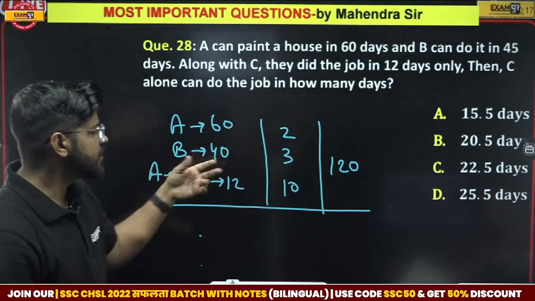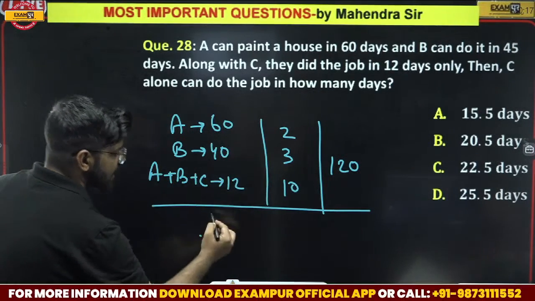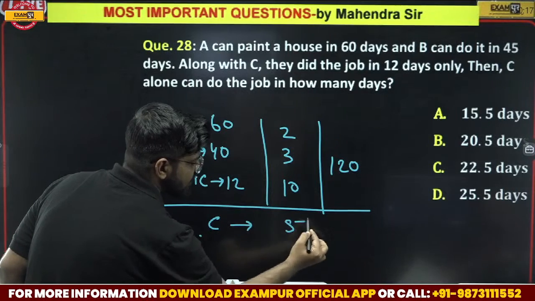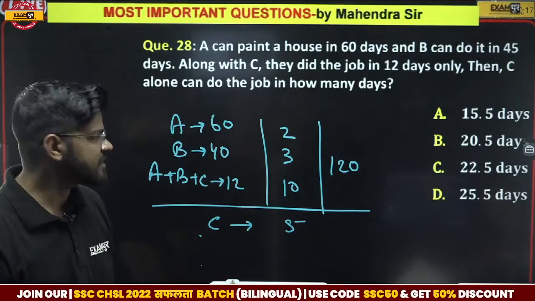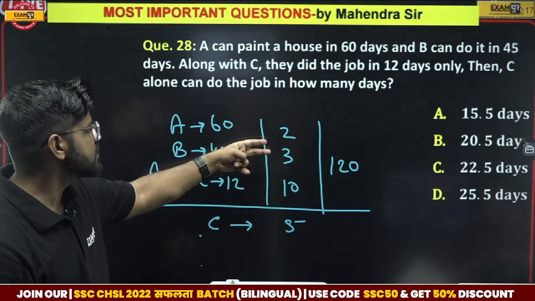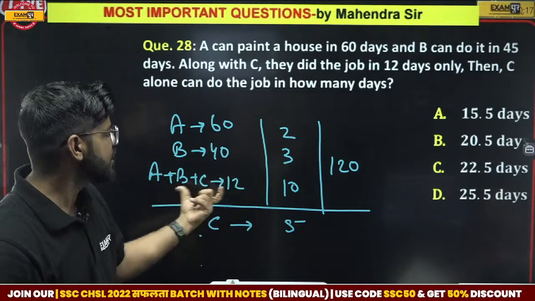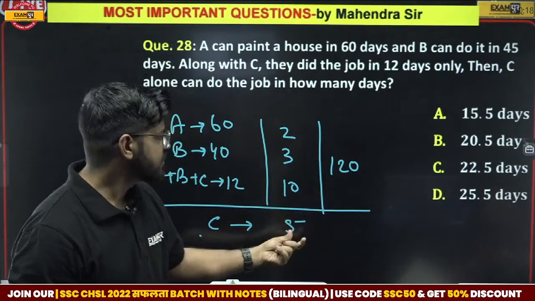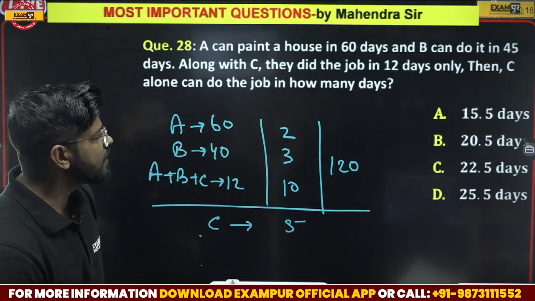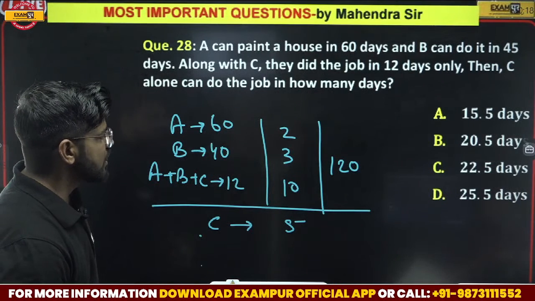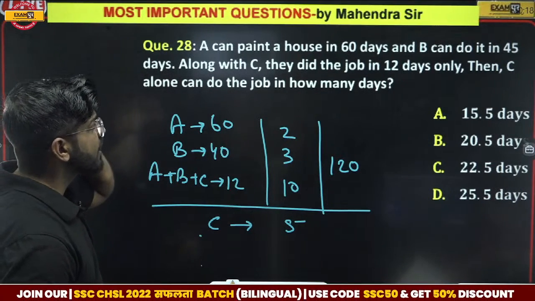What does it mean? It means that C's efficiency is 5. Together they have 10 efficiency. That means 5 is the efficiency. Then C alone can do the job in, I think I have missed something.